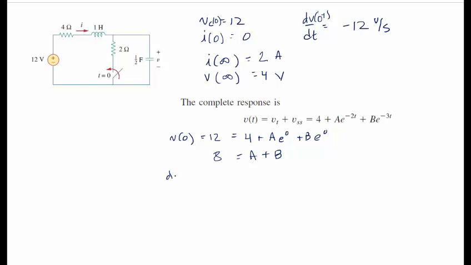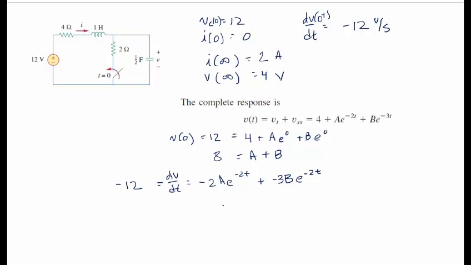Then we have to find dv dt. So we take the derivative of this, and we get minus 2A e to the minus 2t plus minus 3B e to the minus 3t, and that equals minus 12.